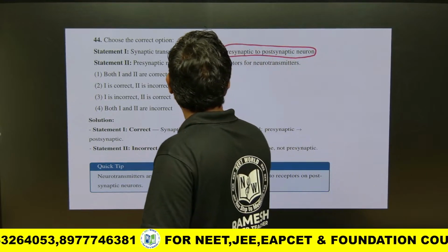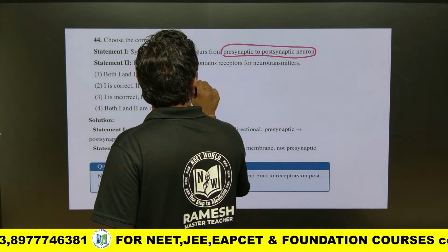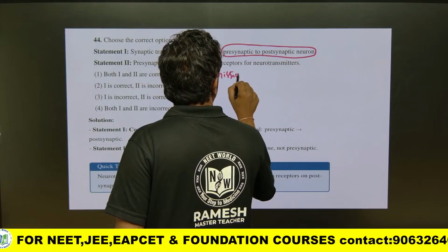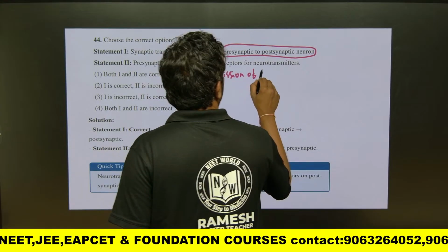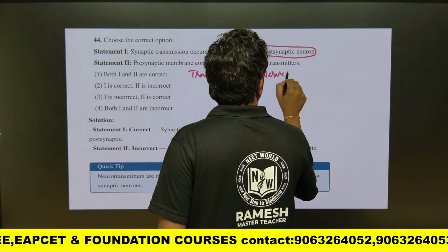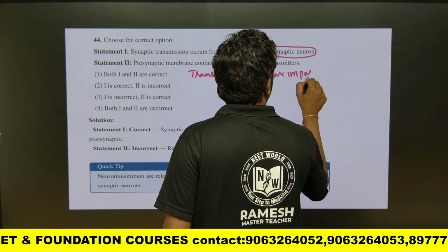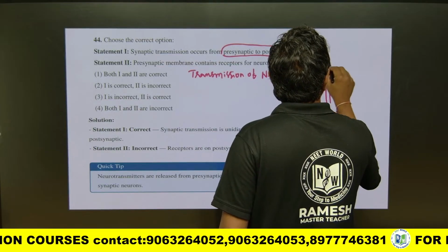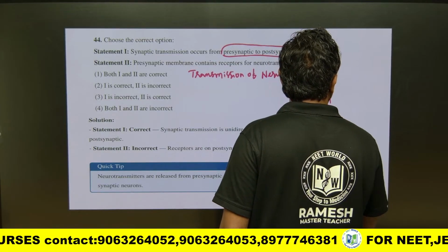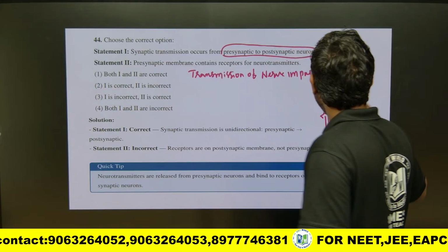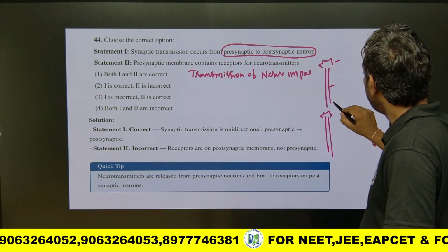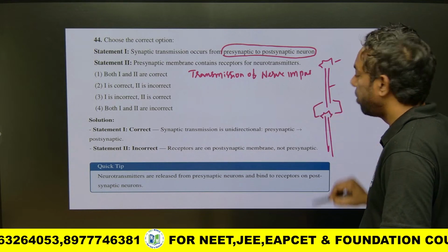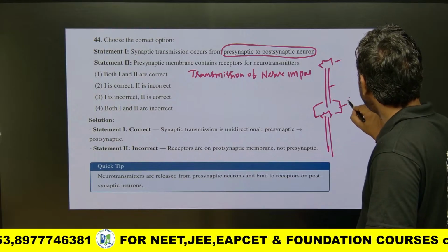Any transmission of a nerve impulse carries forward from one neuron to another neuron. There is a cell body and an axon. Between the cell body and the axon part, there is a gap. This gap is the synapse.